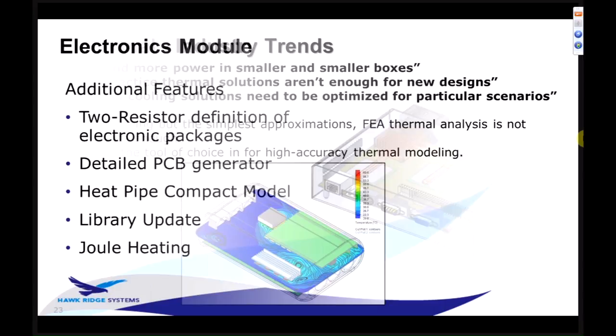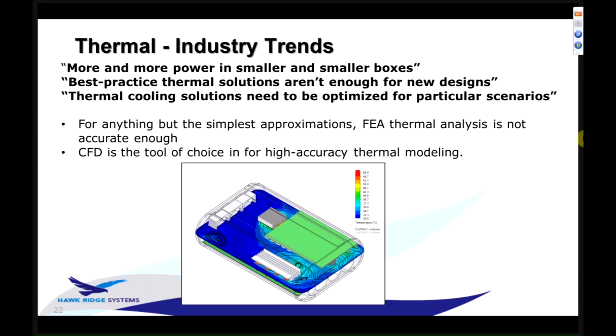From there, because we're tied to the SOLIDWORKS CAD solution, we can go about optimizing the individual conditions: fan positions, heat sink positions, heat source locations, flow directing devices like baffles or deflectors. We optimize all of that to get an ideal thermal solution to a particular problem. And if we are working with electronics, we also have an extension module to give us more accuracy in certain key areas of the software.